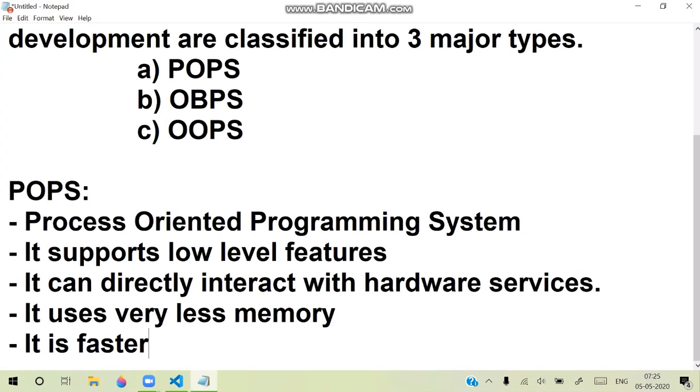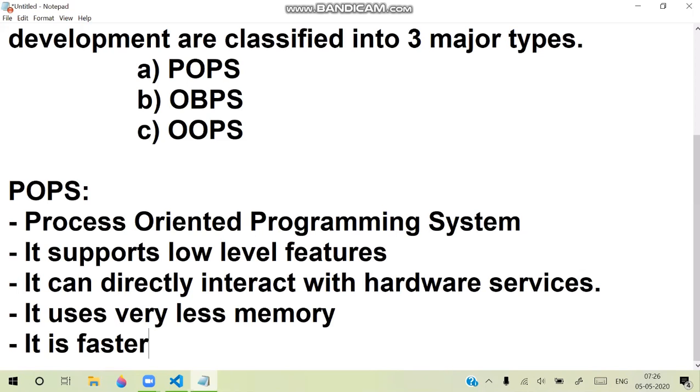Initially, process-oriented programming system supports low-level features. It can directly interact with hardware services. It uses very less memory, and it is very fast because it can directly interact with hardware, and it needs very less memory to operate.